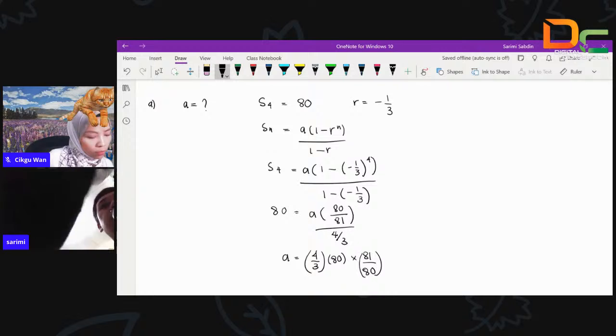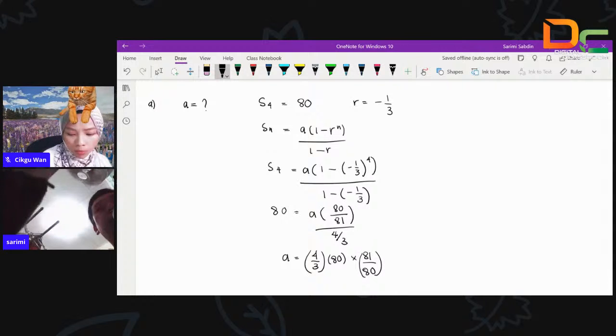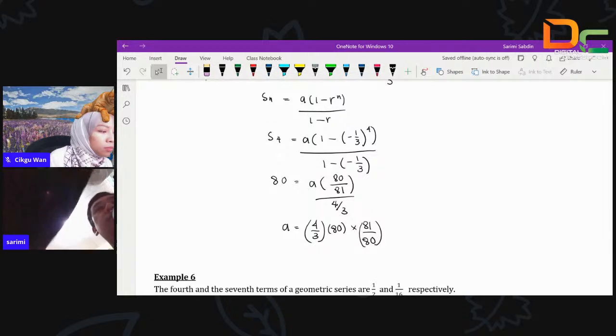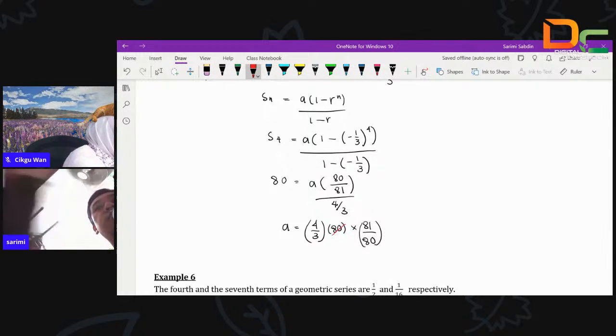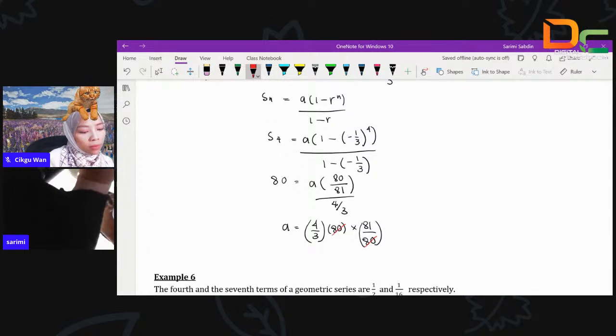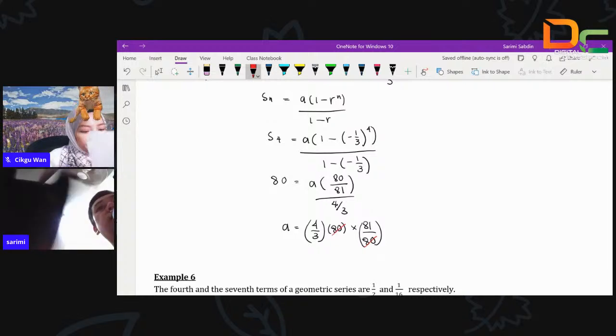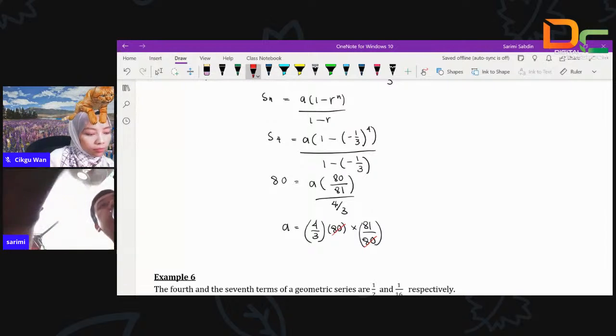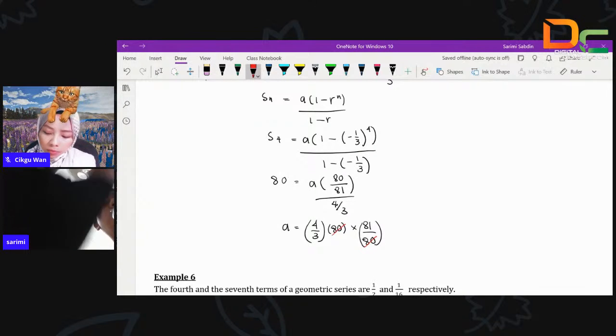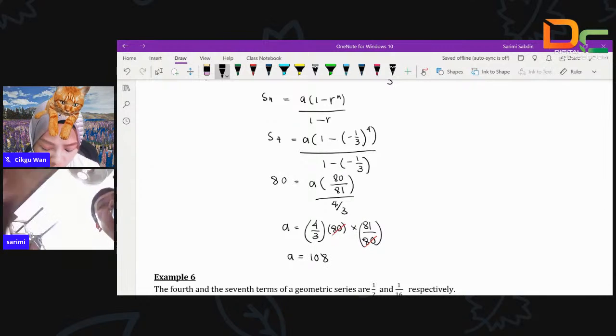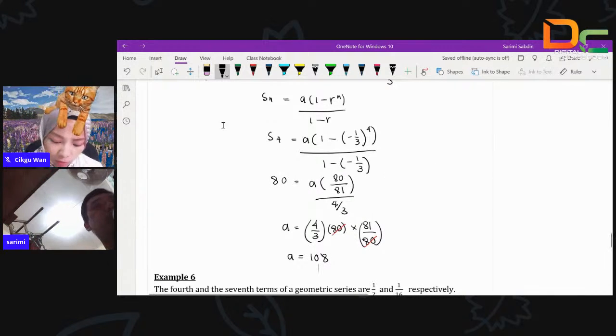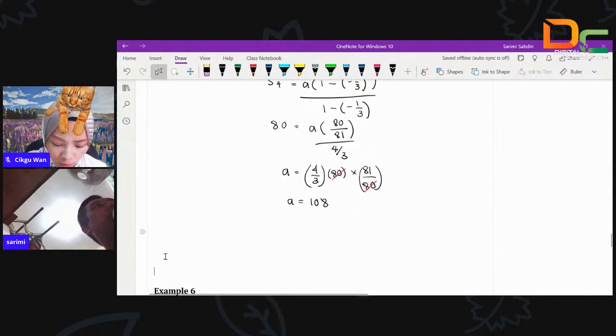Because here is multiply, so bila pindah sana dia akan terbalik lah. And then we can eliminate 80. So apa yang tinggal sini adalah 4 times 81 over 3, which is equal to 108. So A is equal to 108.